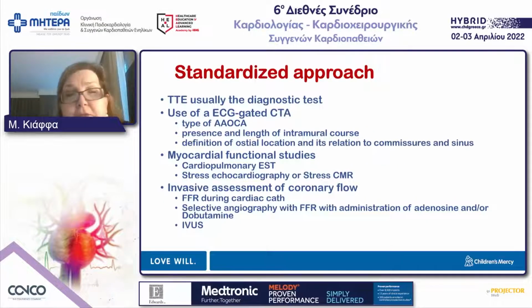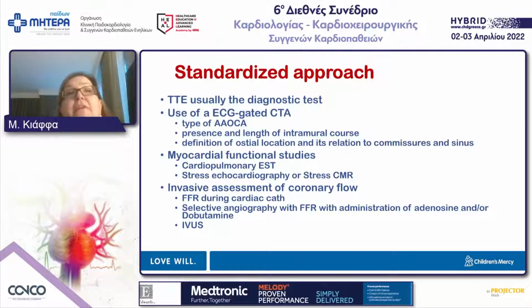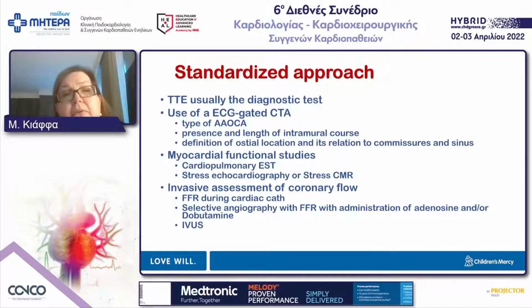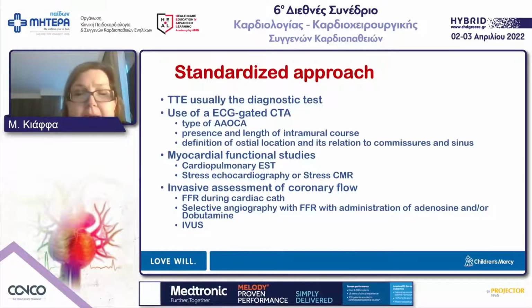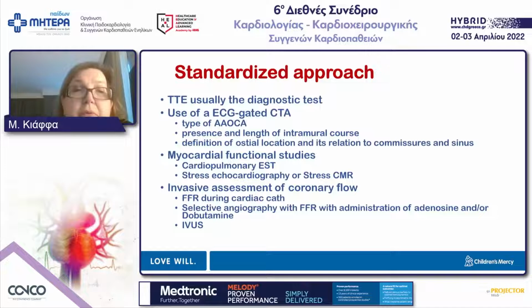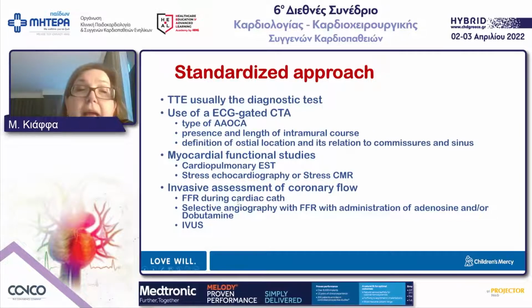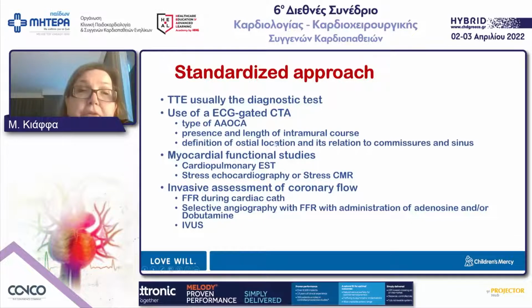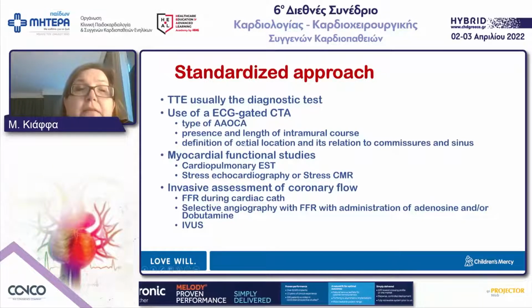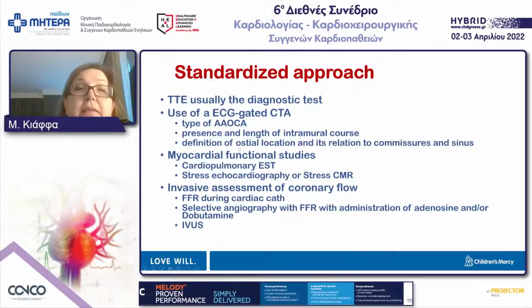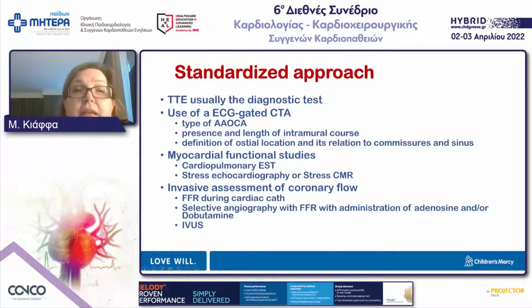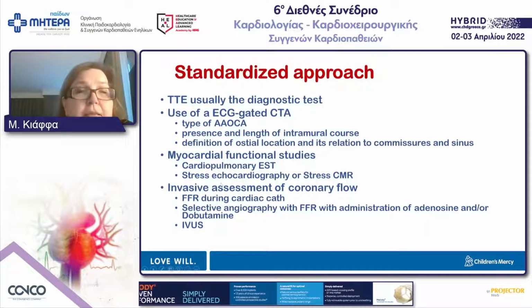So most of the centers, especially the ones that have coronary abnormality programs, start with a transthoracic echo. They advance with an ECG-gated CTA in order to characterize the type of anomalous aortic origin of a coronary artery, the presence and length of the intramural course, the definition of the ostial location, and the relation to commissure and sinus.